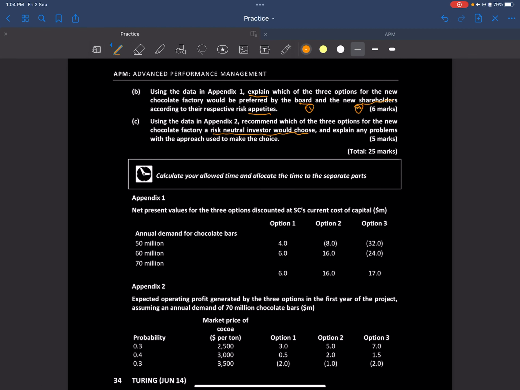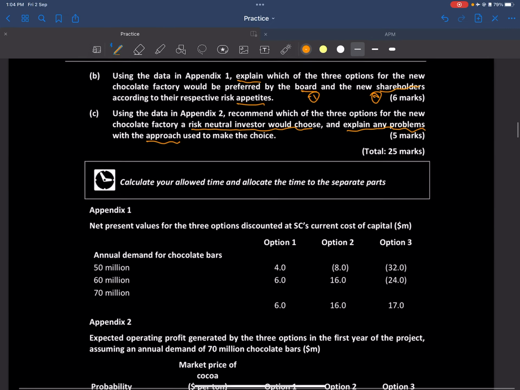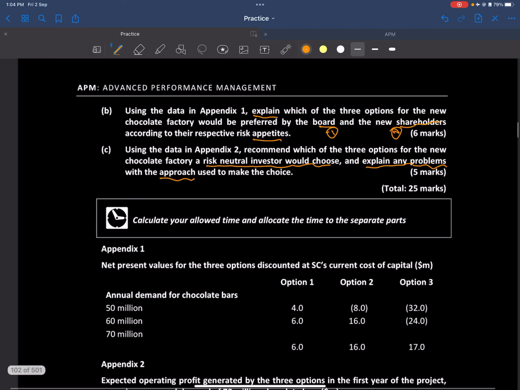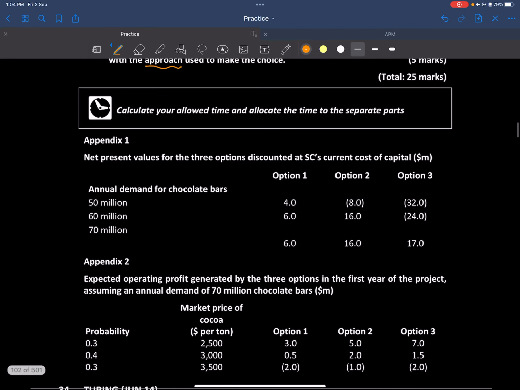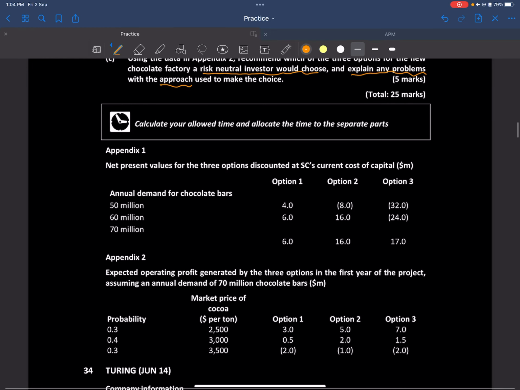And then for a risk neutral person it will be using expected value, and explain any problems with this approach used to make the choice. Of course, the expected value has its own disadvantages, such as what? Such as it is not suitable for one-off projects, right?